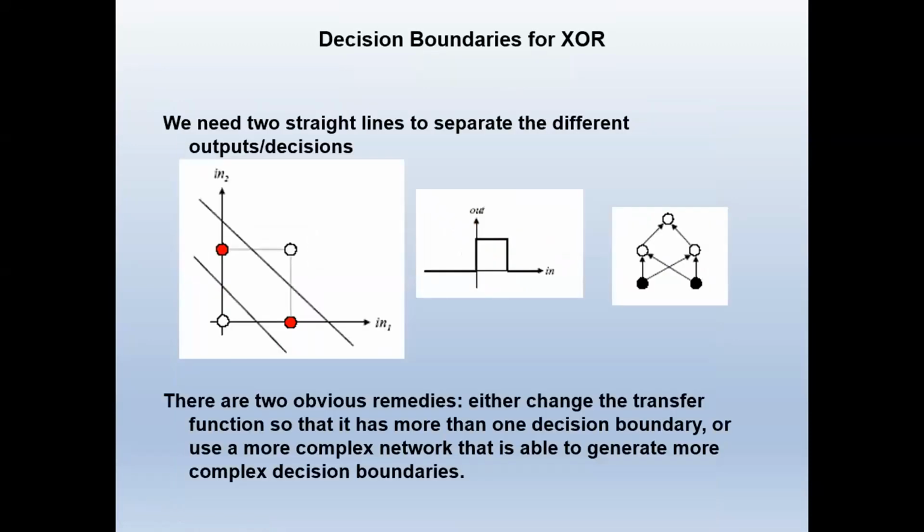Now you will have a doubt: what happens when the data is not linearly separable? One example is the XOR gate. You know about the XOR gate. What are the characteristics of the XOR gate? You can see the x-axis is x1, or I can just indicate in1, and the y-axis is in2. What is the truth table of the XOR gate?